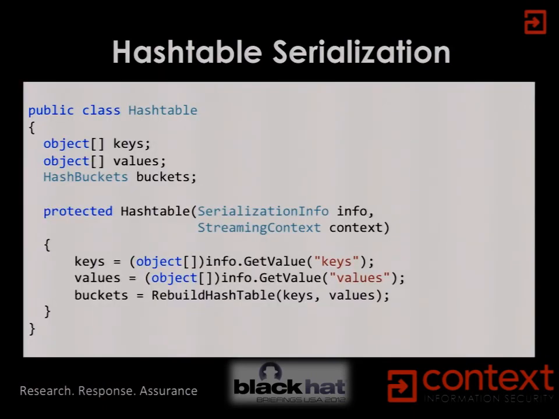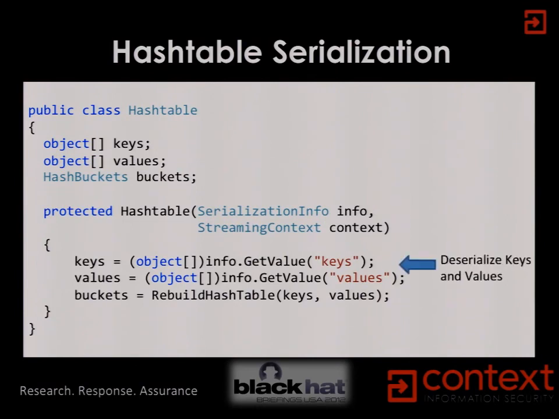So again, we go hunting for interesting objects. And one of the things I found is the Hashtable class. And this is something which has been in since version 1 of the framework. Basically it is a key value dictionary, and was done before you had a proper generic dictionary, which came along in .NET 2.